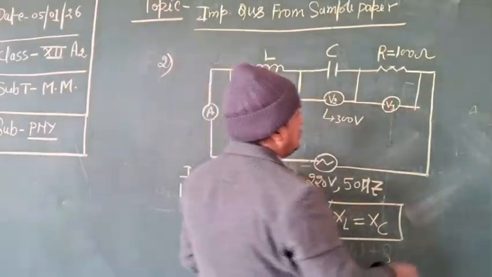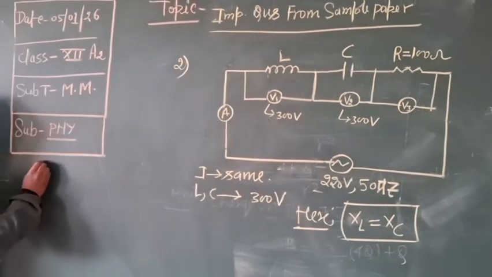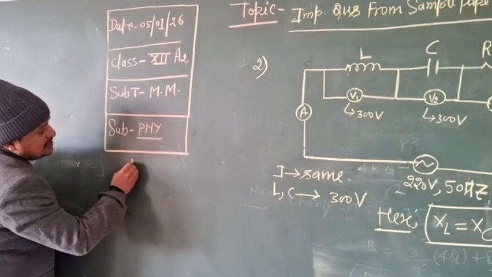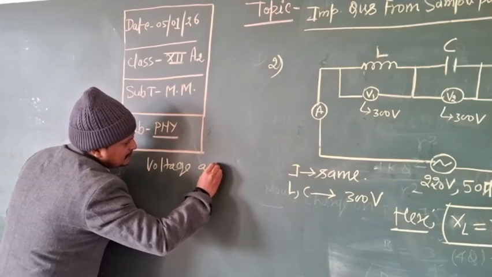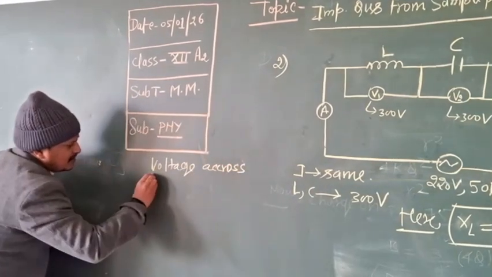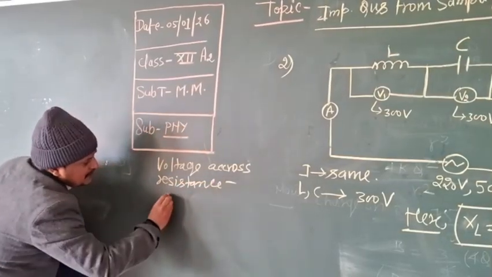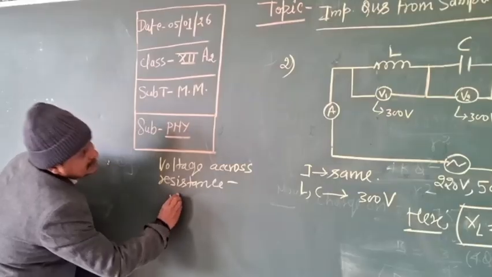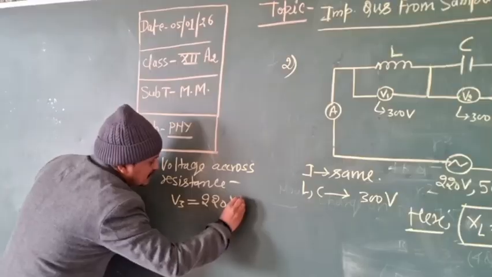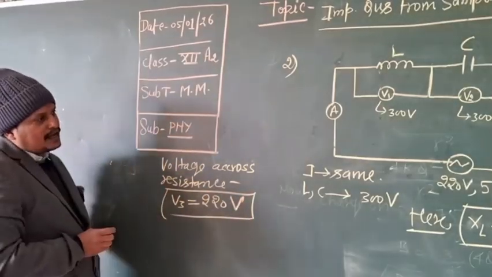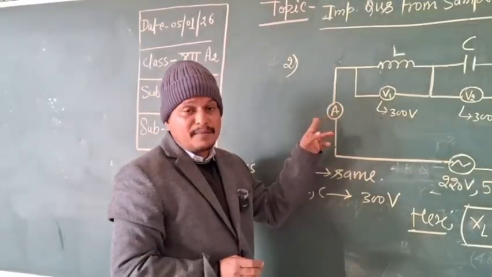So the voltage across resistance will be equal to the applied voltage, that is V3 will be equal to 220 volt. This is the first answer.